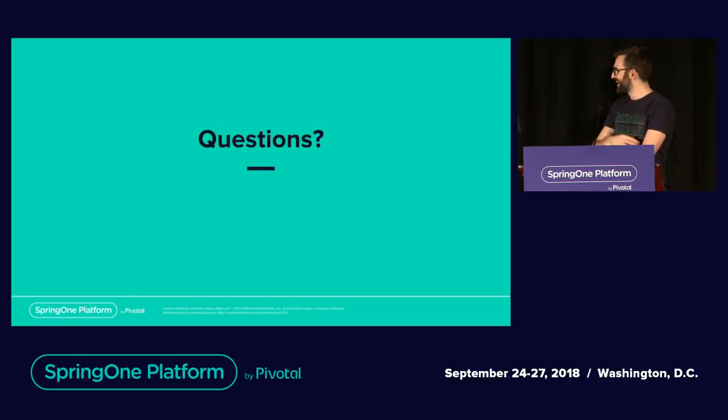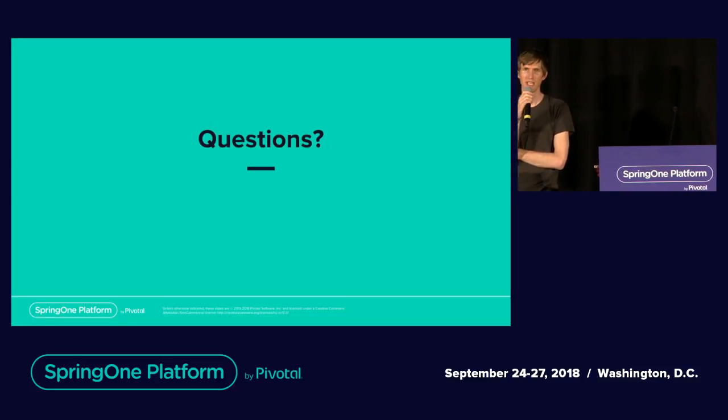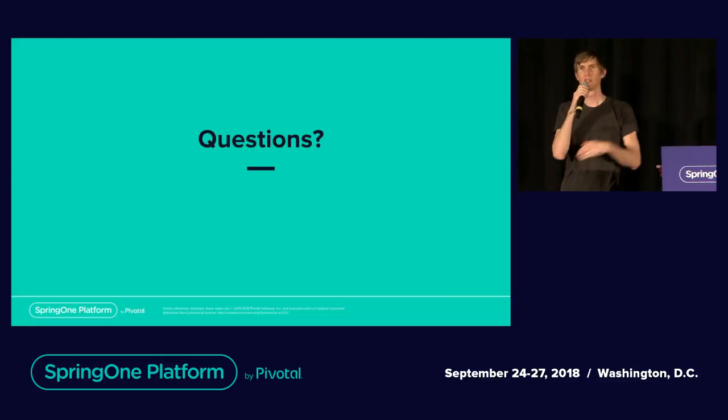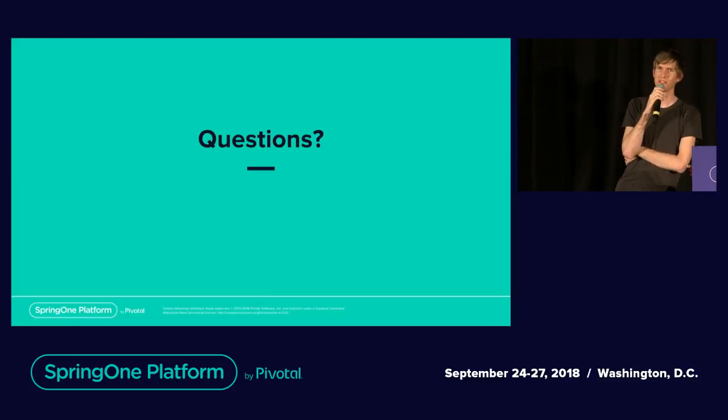The question is about OpenTracing. The OpenTracing API has fewer features than we need to do our job, so we can't use it directly. But we do have a bridge which allows people who are using it for certain functionality to use that API. That has existed for at least a year now, and I work on that all the time, to my chagrin.